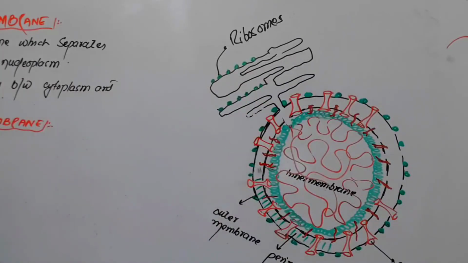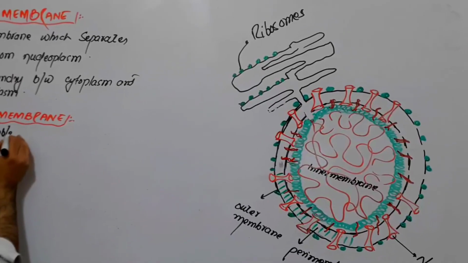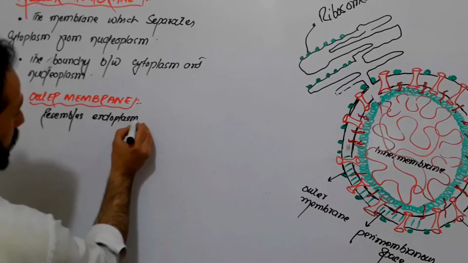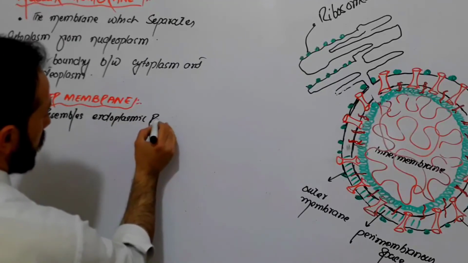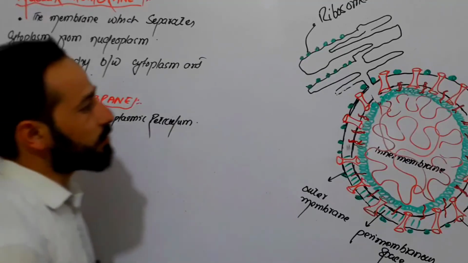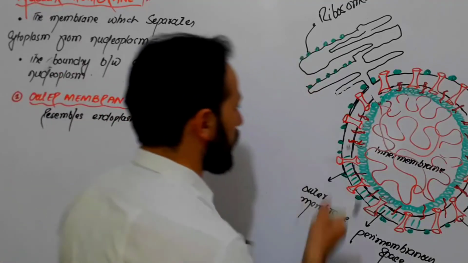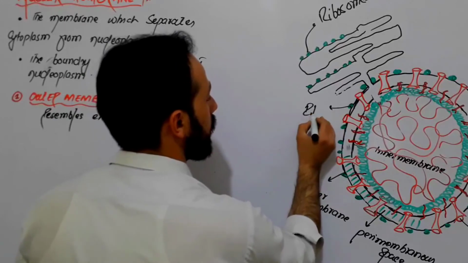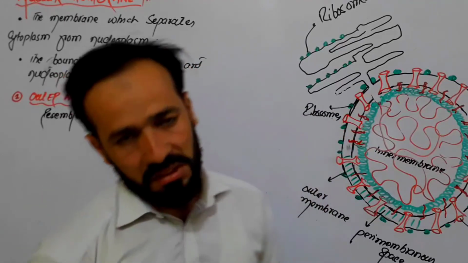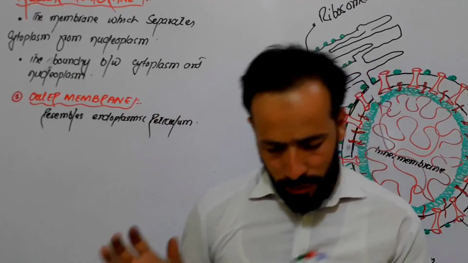So it resembles the endoplasmic reticulum. Why? Because it also contains some ribosomes attached to it. So these are the ribosomes. So we say that the outer membrane is similar to the endoplasmic reticulum.